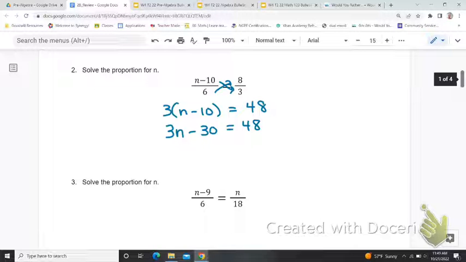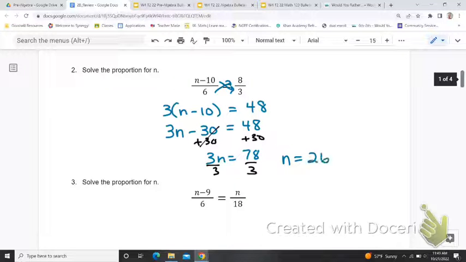And you might have done your distributing as you wrote it down. Then we would add 30 to both sides. Now I have 3n is 78. Divide both sides by 3. And n is equal to 26. Very good, very good. Awesome.